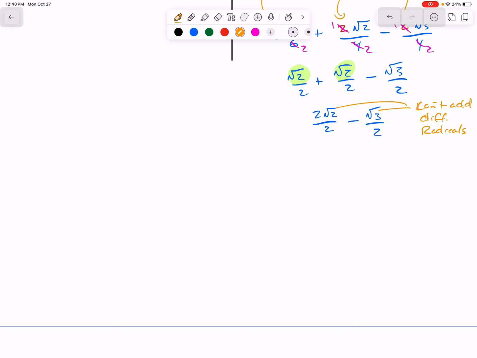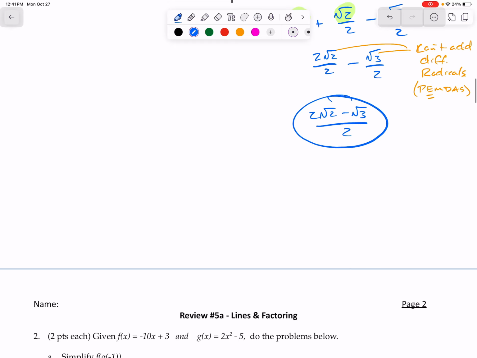The exponent comes first is really the deal there. Right, exponent first. But we can make them into one fraction, so we're going to just do this because that's what the instructions say to do. One fraction, and that's our answer. On we go.